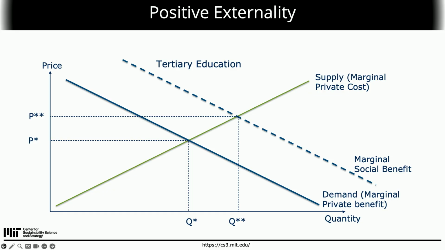So you have a higher quantity of tertiary education being consumed than you would in a private case, okay? So that is how a positive externality works, and the reason why you need a policy involved is to push from P star to P double star and get to that efficient equilibrium.